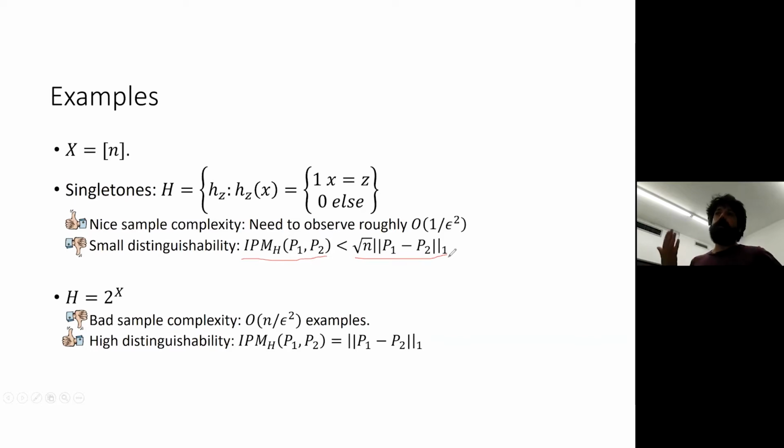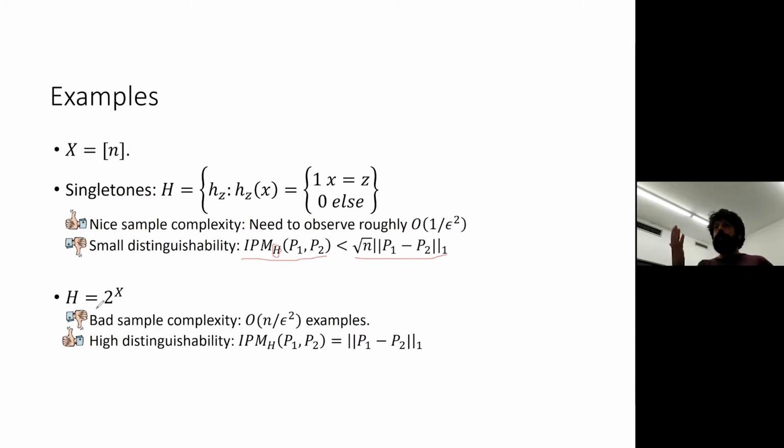So a lot of distributions that are far away in statistical distance, if you look at the IPM distance with respect to singletons, are very close.